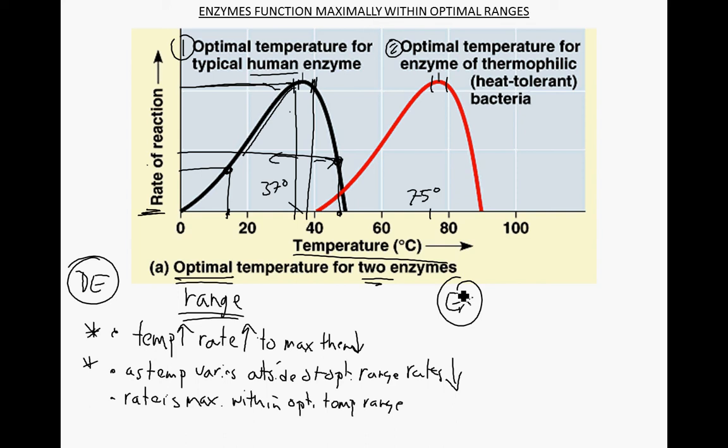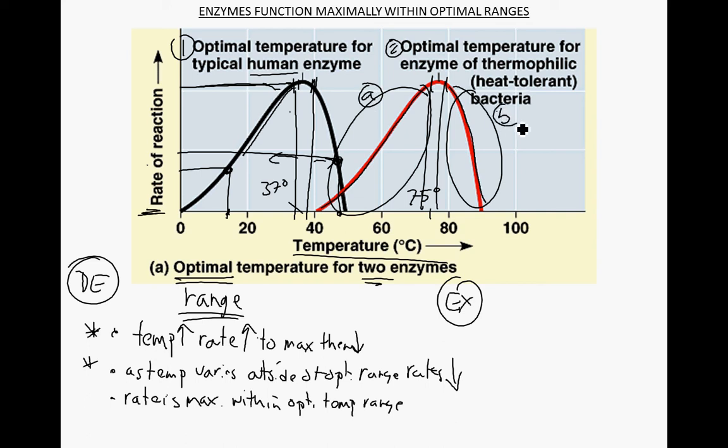Why is the rate increasing as I increase the temperature, and why outside the optimal temperature range is it decreasing? The explanation for what's going on over this part of the graph is different than the explanation for this part. So explanation A for this part of the curve and explanation B for this part of the curve.